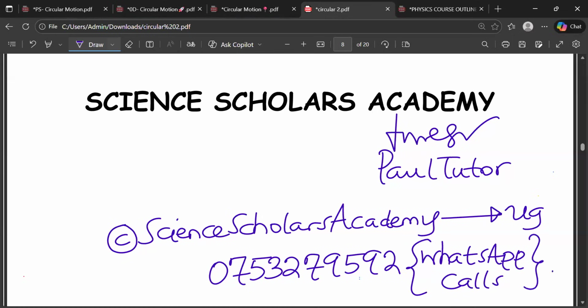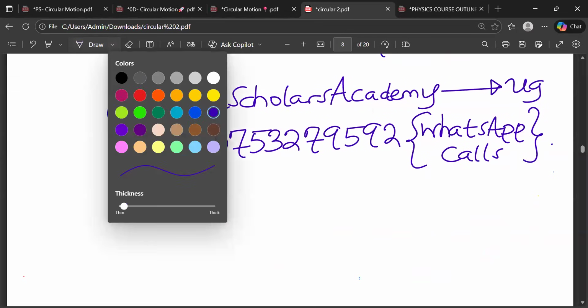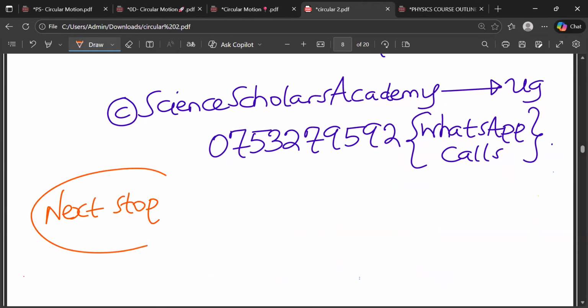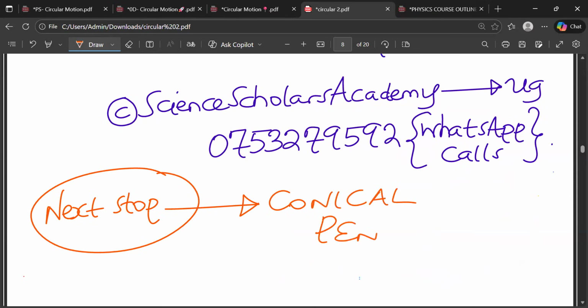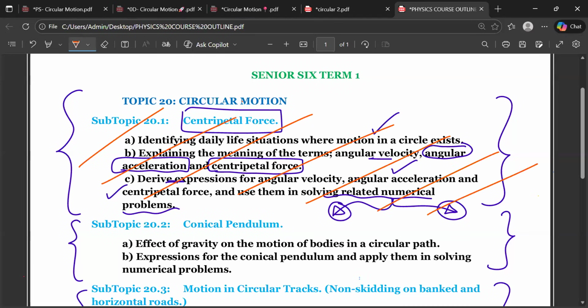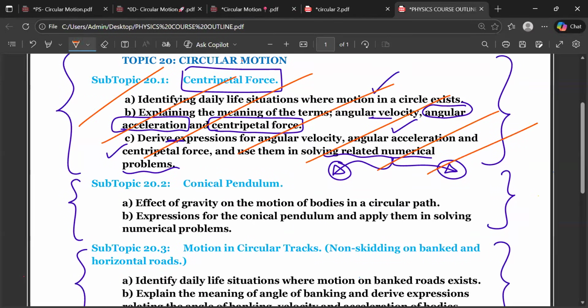Yeah. So our next stop, I've said, is the conical pendulum. The complex motion in the horizontal circle. So I'll get back to the syllabus book and say bye-bye, centripetal force. The next thing, the conical pendulum.